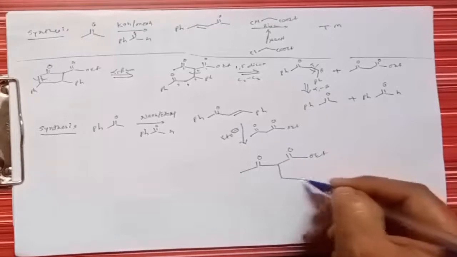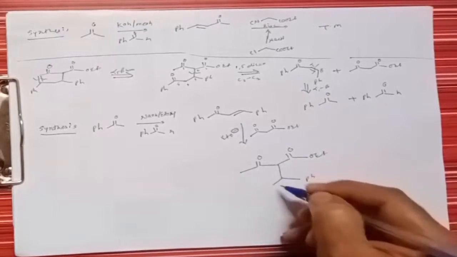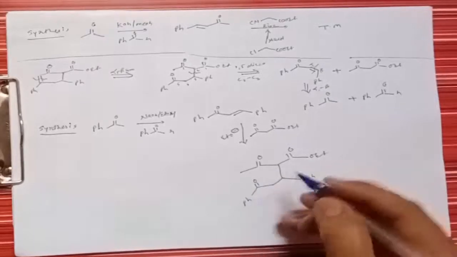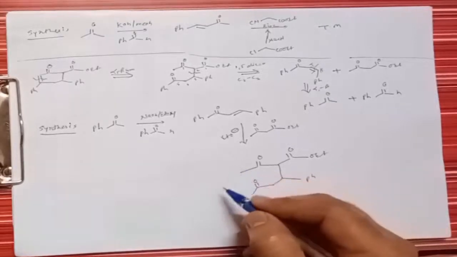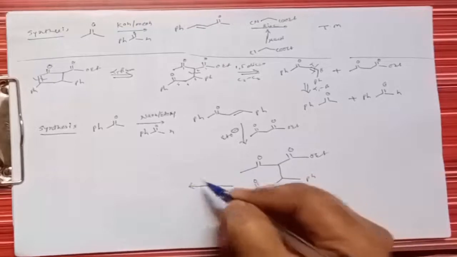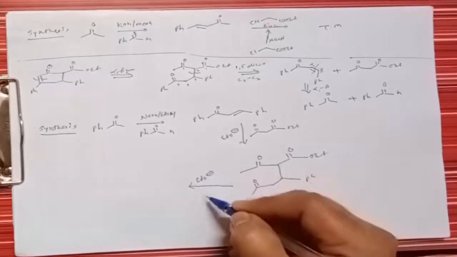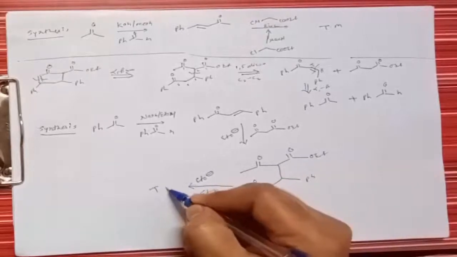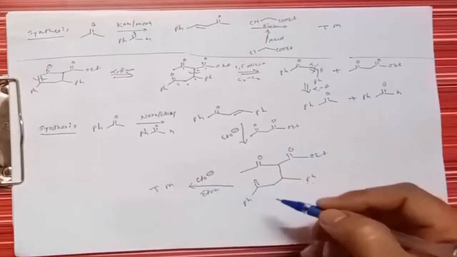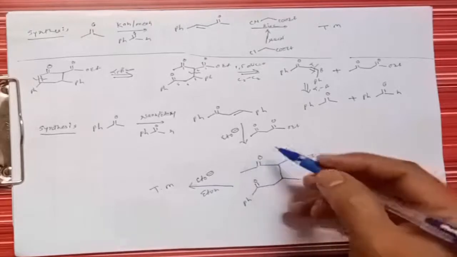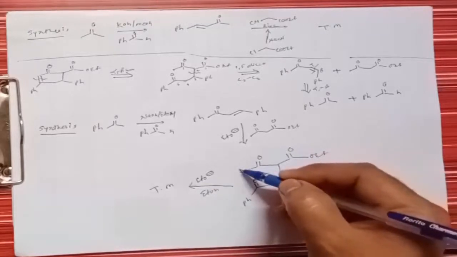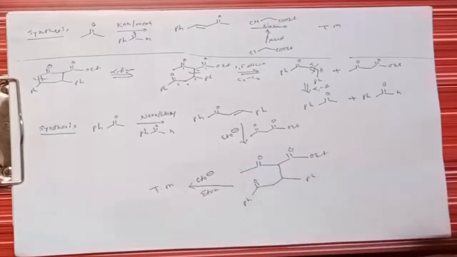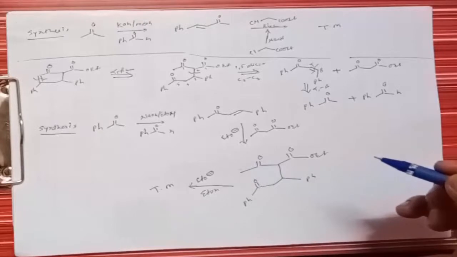Here is a Ph, then CH2, then C double bond O, Ph, and then with this base, sodium ethoxide in ethanol, it gives formation of the target molecule because it undergoes elimination. So first the proton from this side will react with this compound, then there is removal of a water molecule and it gives formation of the target molecule, right?